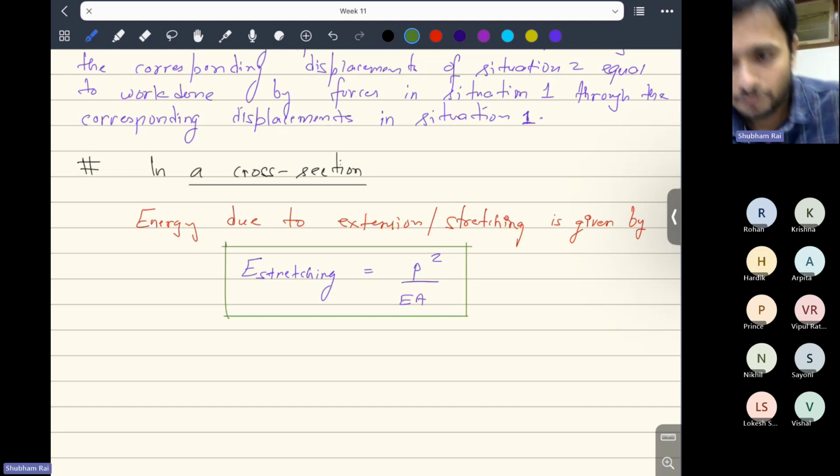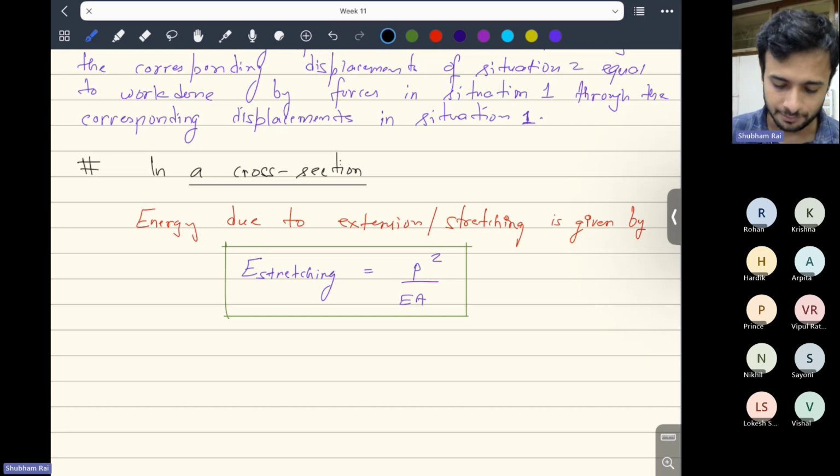This is the formula for the energy of a cross section subjected to stretching.